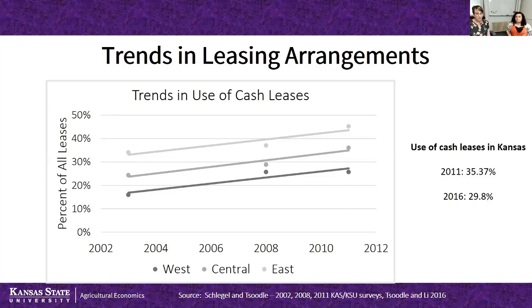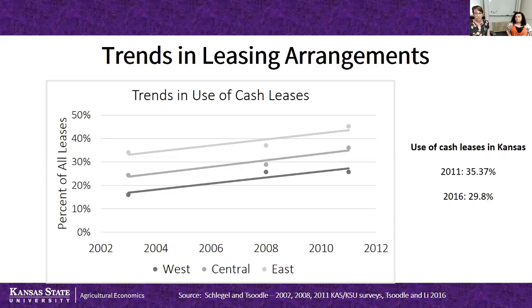And what that tells me is that we've got some flexibility in terms of what kind of lease we negotiate between landowners and tenants, that it's not always fixed, that there is some movement between types of leases between landowners and a tenant. Now, why would we see a decline in the percentage of fixed cash leases?